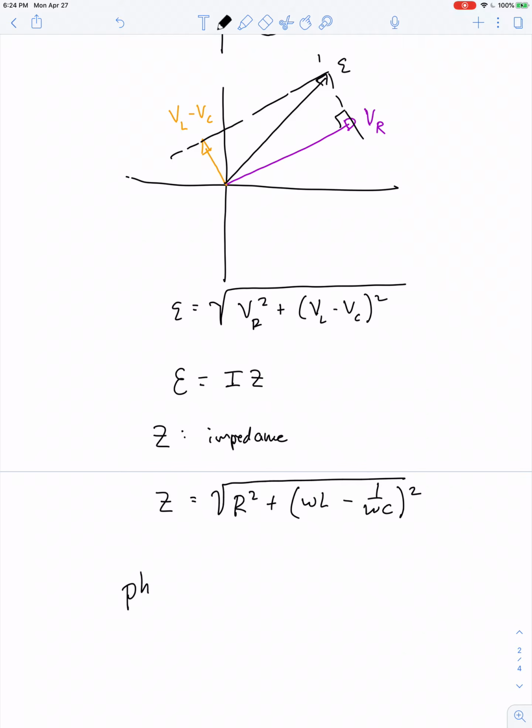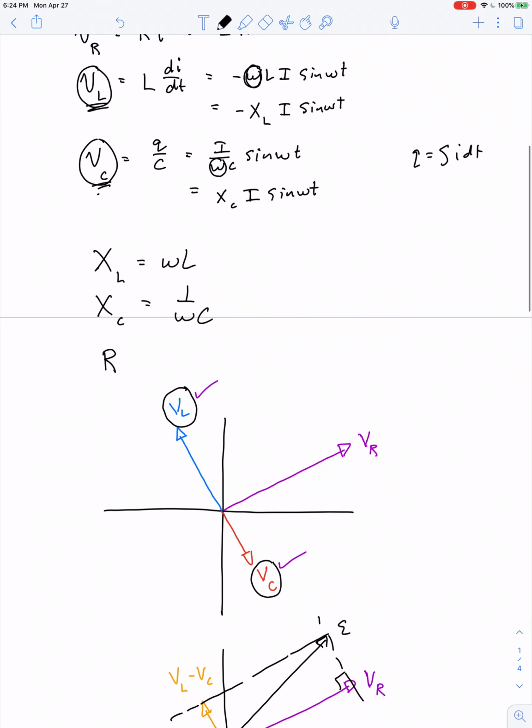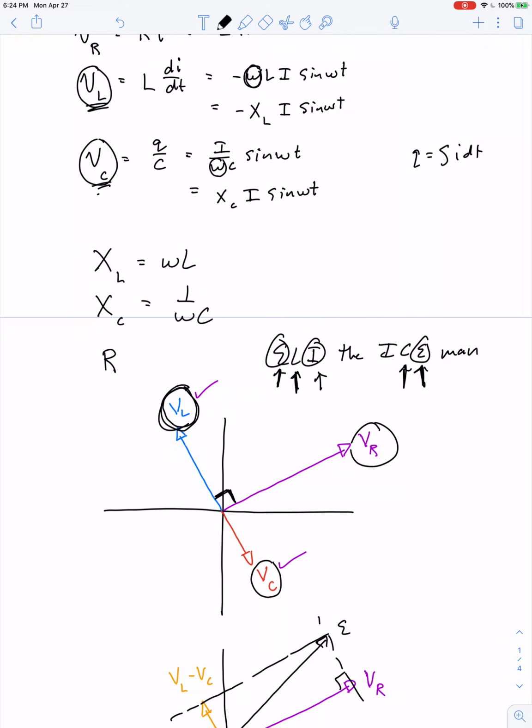Now this leads us to something known as phase angle. We know that the relationship between voltage across the inductor and voltage across the resistor, they're 90 degrees out of phase. ELI the ICE man. Voltage across an inductor comes before the current. It leads the current. Voltage for a capacitor comes after the current.